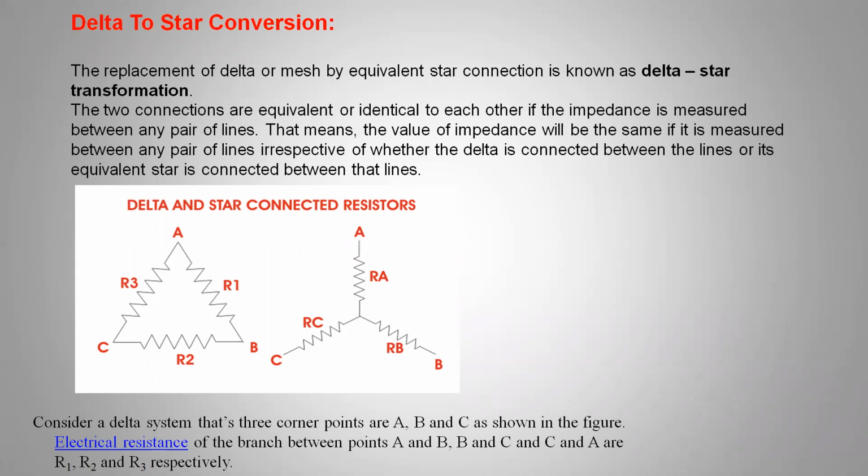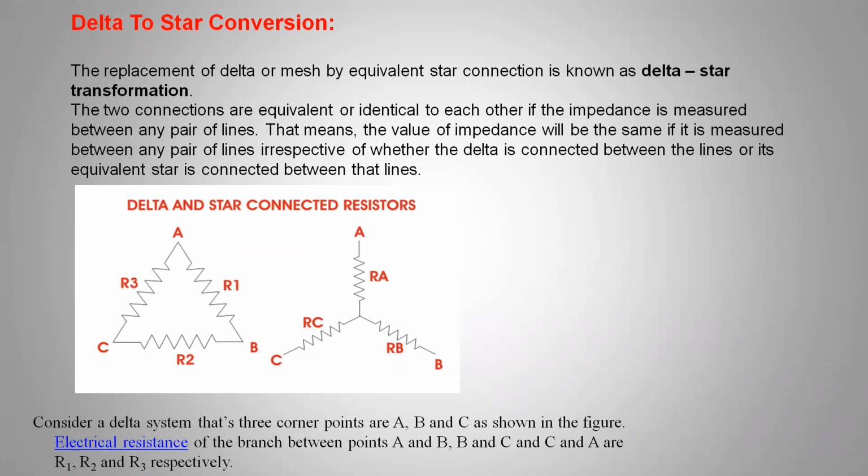That means the value of impedance will be the same if it is measured between any pair of lines, irrespective of whether the delta is connected between the lines or its equivalent star is connected between those lines.